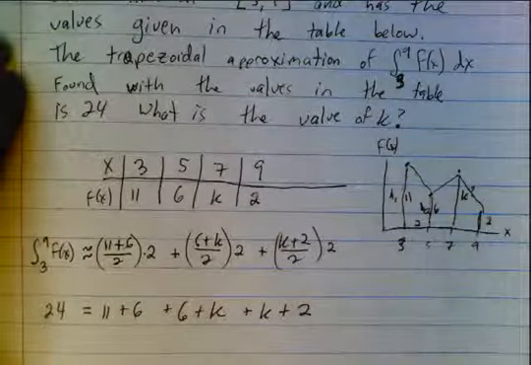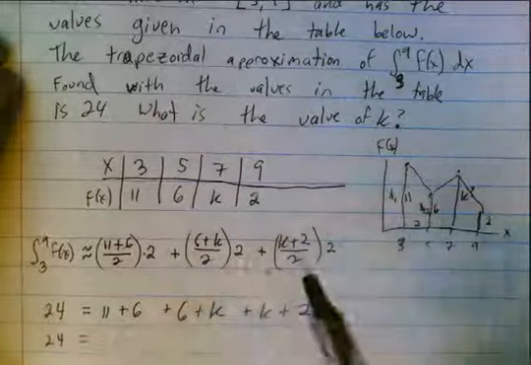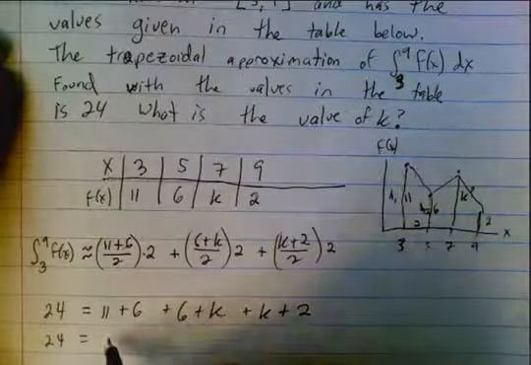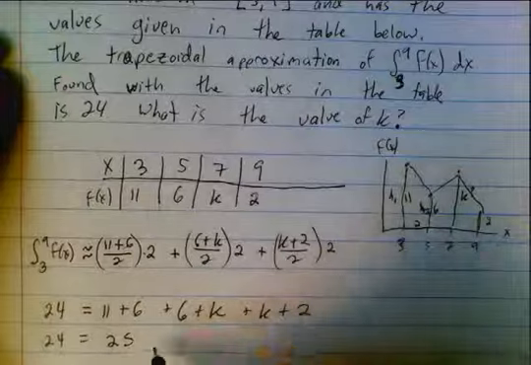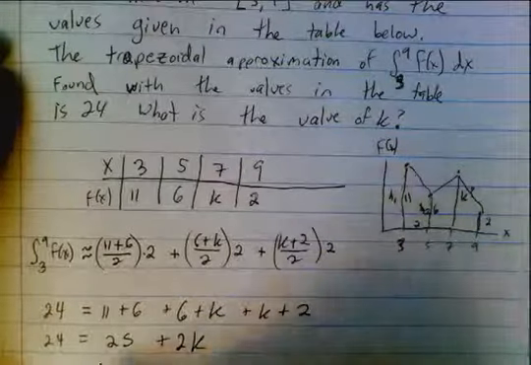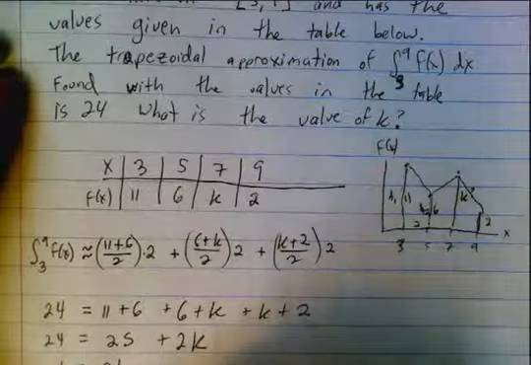Now all we have to do is combine like terms and solve. So 11 plus 6 plus 6 plus 2, 25 plus 2k, subtract 25 from both sides, divide by 2.